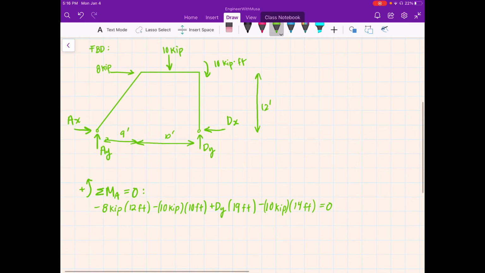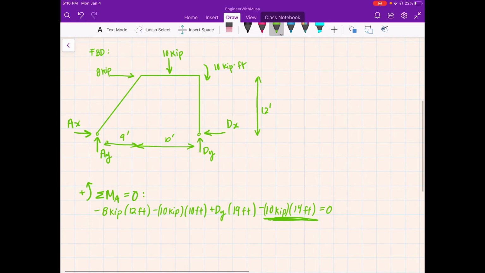So we get this last term over here by looking at the 10 kip load over here, and then the distance that it's located is at 9 feet plus half of this, which is 5.